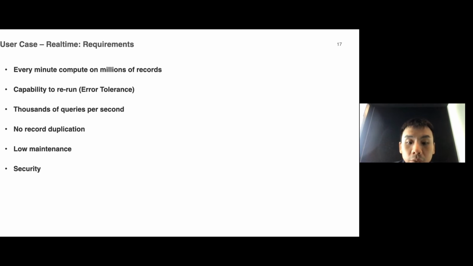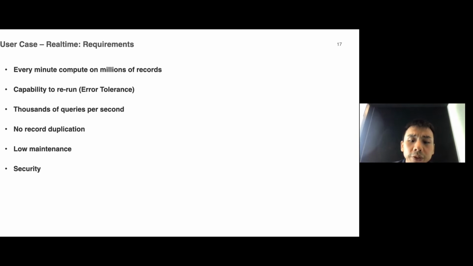Sometimes we need to tolerate reruns. It might be because the upstream system is down and the ingestion might not be exactly once. So we need to avoid duplications. We also take security and maintenance effort into consideration.